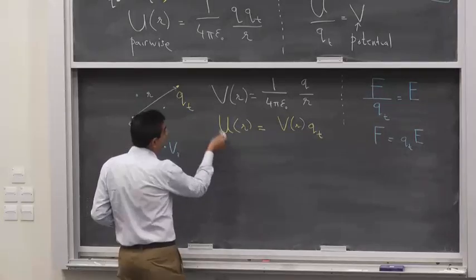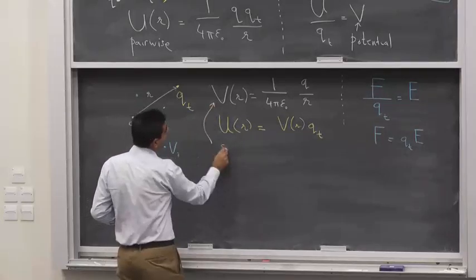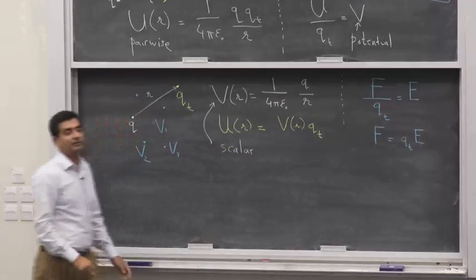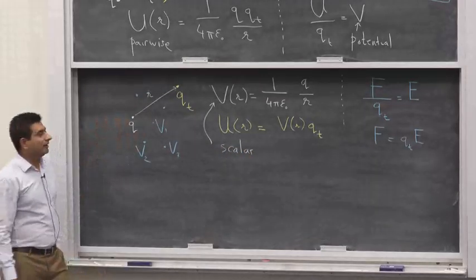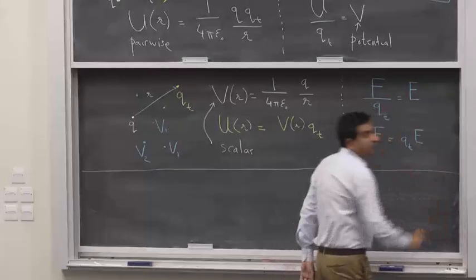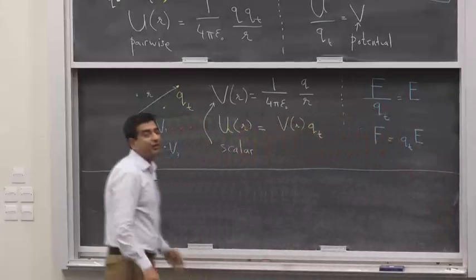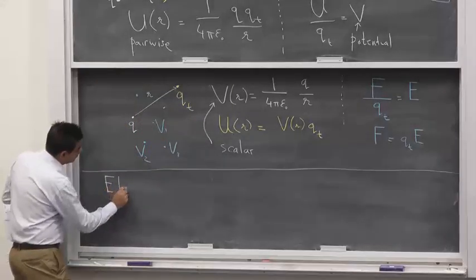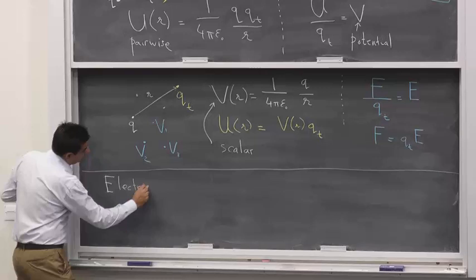But the potential is a scalar field. Now this is my motivation for the concept of potential, electric potential. Now let's look at the relationship between electric fields and electric potential.